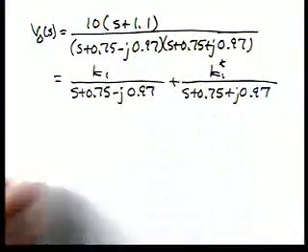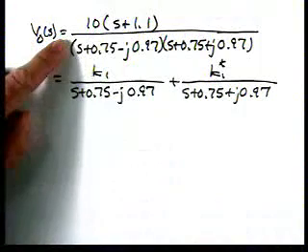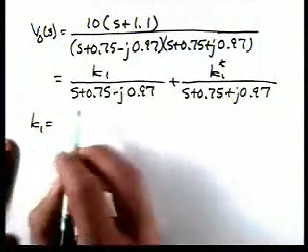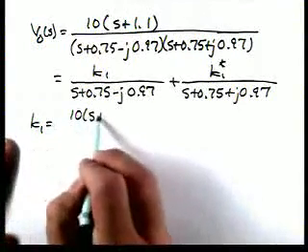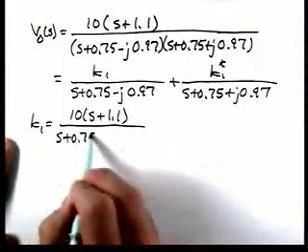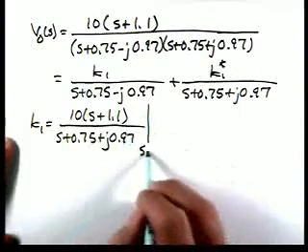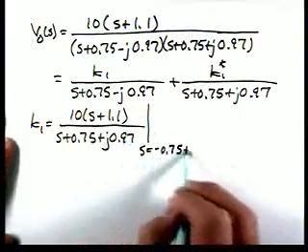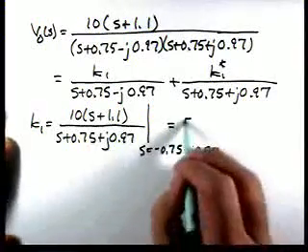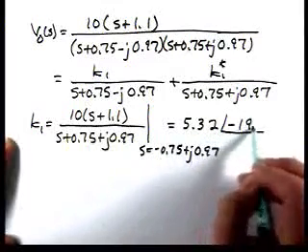And if we remember how we're going to solve for K1, we multiply through this expression by S plus 0.75 minus j 0.97. So we have 10 times S plus 1.1 over S plus 0.75 plus j 0.97. We evaluate that at S equal to minus 0.75 plus j 0.97. And if we do that, we'll get 5.32 at an angle of minus 19.84 degrees.